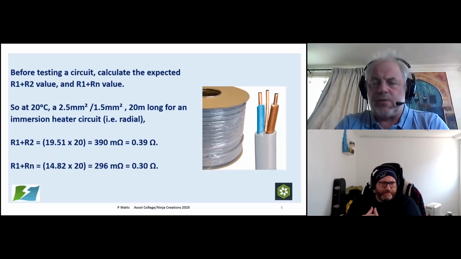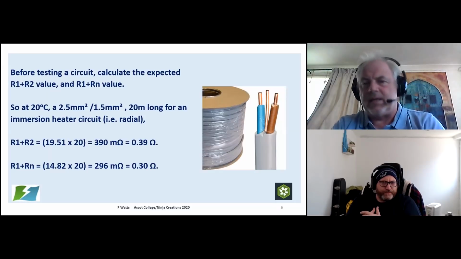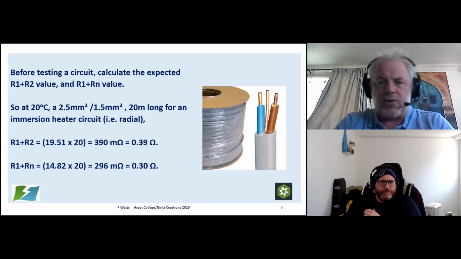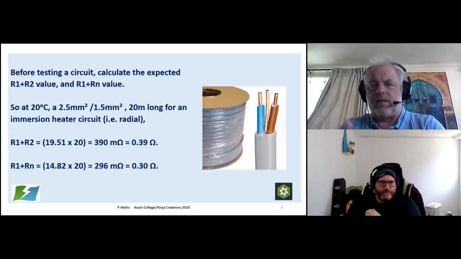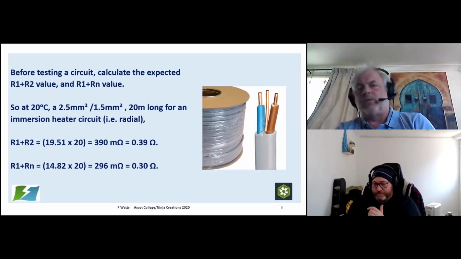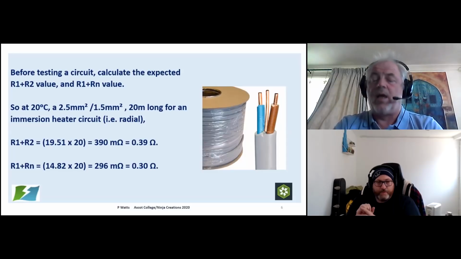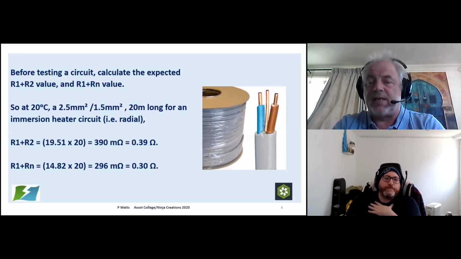Well, this is the classic thing about keeping instrument accuracy: when it goes off for calibration, it's only actually accurate the day of calibration. When you get your tester back from calibration, what you should be doing is putting it on a checkbox or a known circuit, which isn't going to change, and do a set of tests and take a set of values.